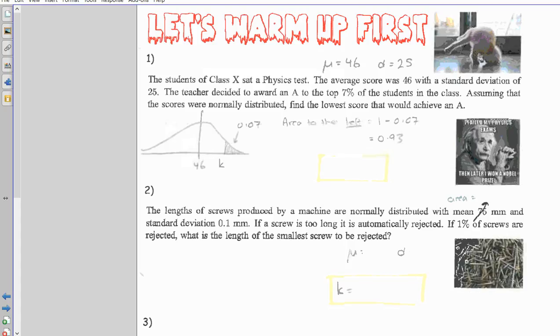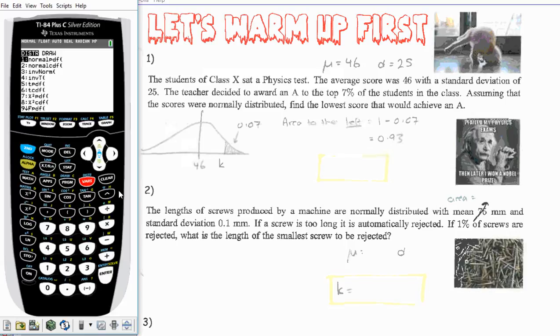Grab your calculators out, I'll just go back to the beginning. So to do a normal distribution problem, we need to open distribution, so to remember to do that we go second vars. We don't want to calculate the area, we already know it, we want to find the boundary. So do the inverse norm, you're doing the reverse step.